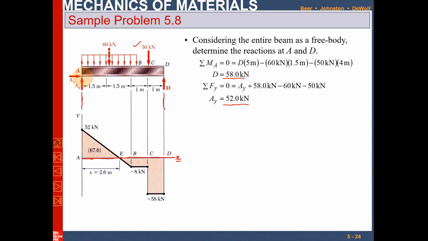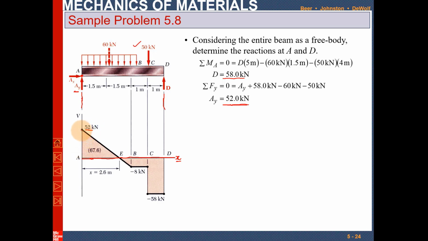Clear? Now at point A, you can see, the only force acting is Ay, and that is 52 kilonewton. So you have to take an appropriate scale. You have to divide this vertical line into equal parts as per your scale, and you have to plot 52 kilonewton.